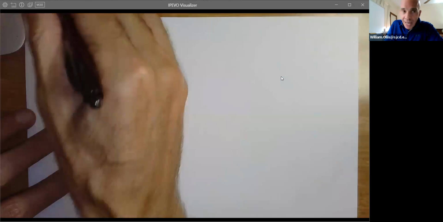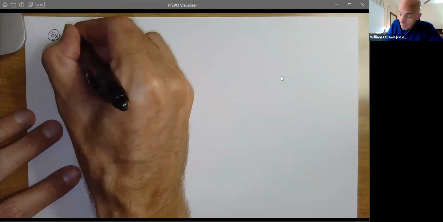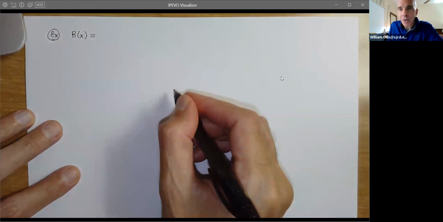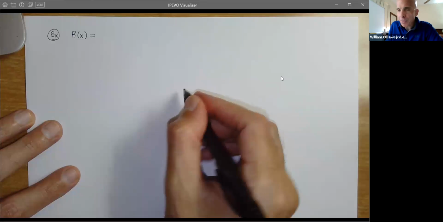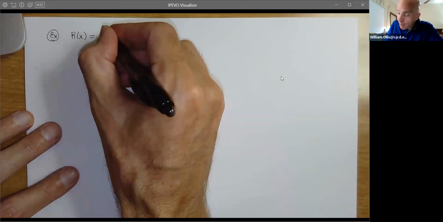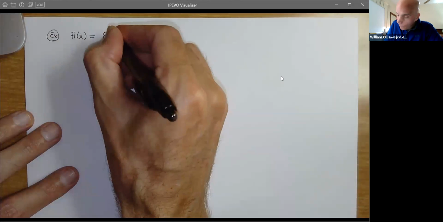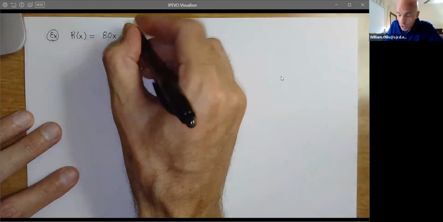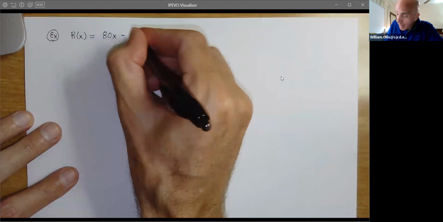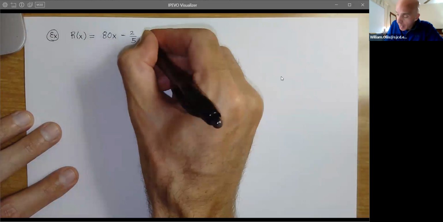So what we have here from your WebAssign, we did a profit equation or inequality in 1.8. So I thought this would be good to kind of bring us back into that domain. We have R of x, and I want to show you a new technique, is 80x minus 2/5 x squared.